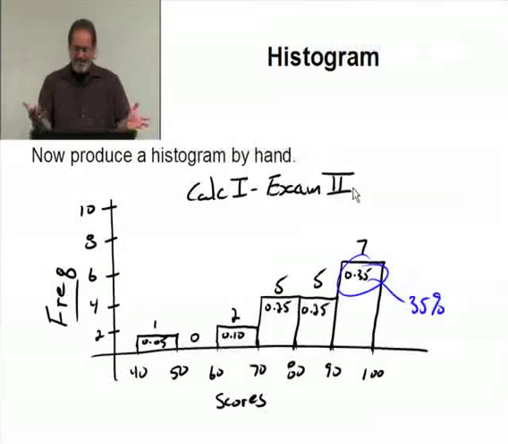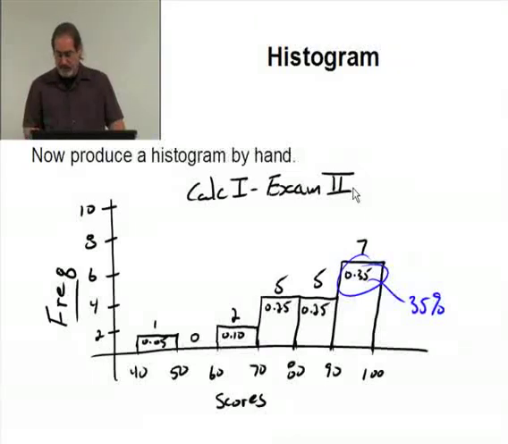So now I have pretty much everything on here that the reader would want. There's a complete graph. So the next thing I want to do is let's step over to the calculator. And I want to enter this data in the calculator and produce the same type of graph using the TI-83 or 84. Now, when we do that, the calculator will give me all these bars.